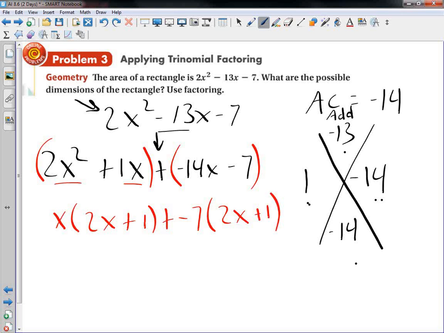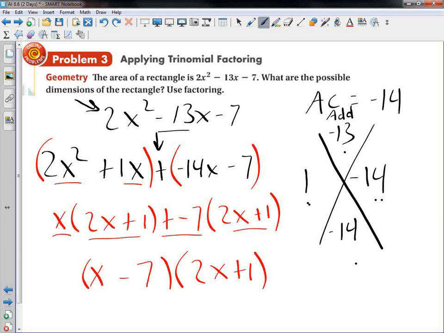Quick check is to say, do those two groups equal the same thing? When they do, we're going to combine them into one parentheses, and then what do we have left over? We have x plus a negative 7. Now it's safe to write just minus 7, so we can go back to simplifying it.